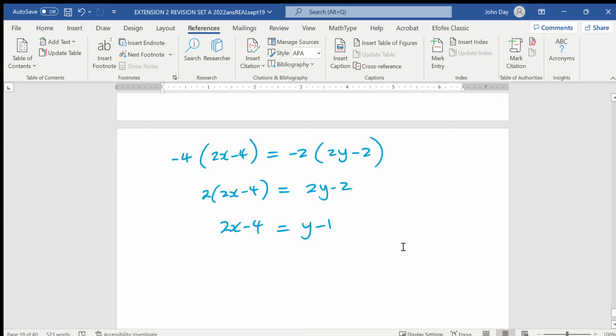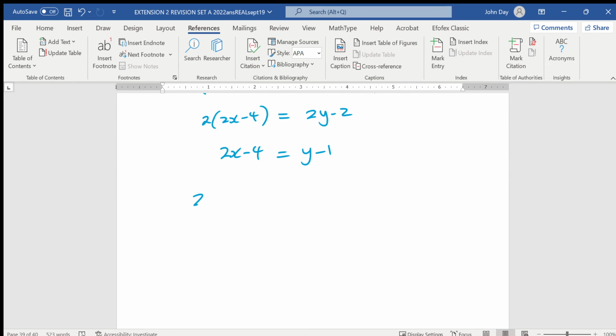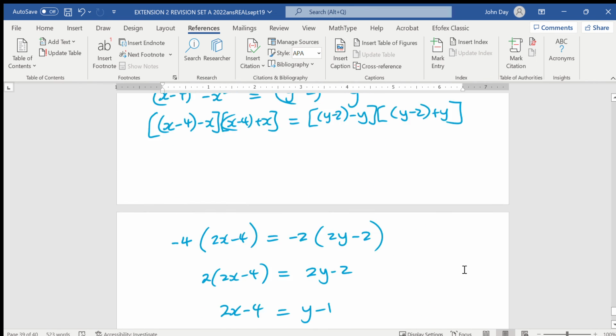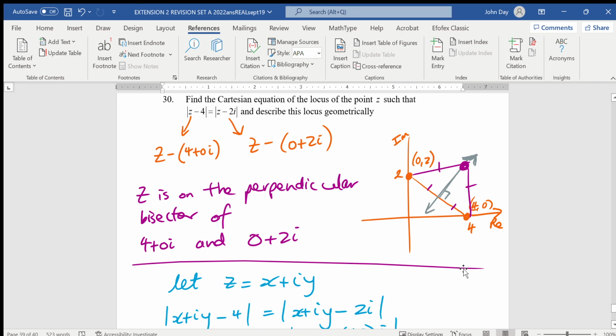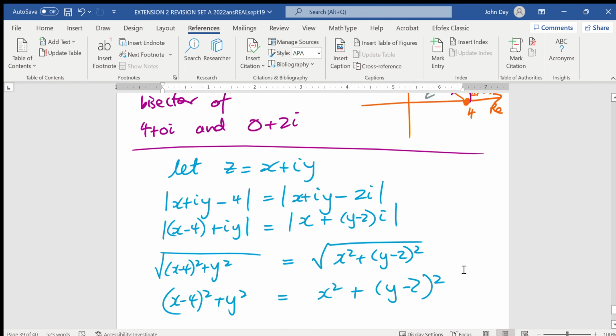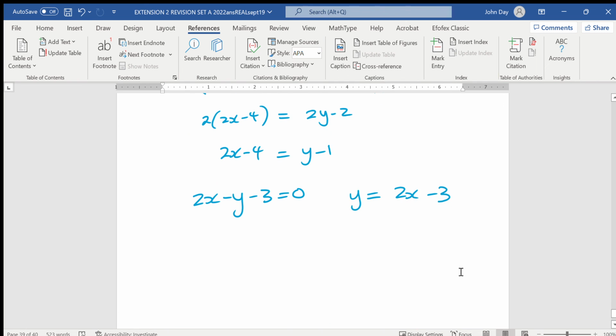So in general form, this is 2x minus y minus 4 plus 1, minus 3 equals 0. Or we might get y equals 2x minus 3. Now I'm just going to check if that's in any way reasonable. The gradient, yeah, it's positive. Probably goes through minus 3. My picture's certainly not to scale. Y equals 2x minus 3 sounds reasonable.